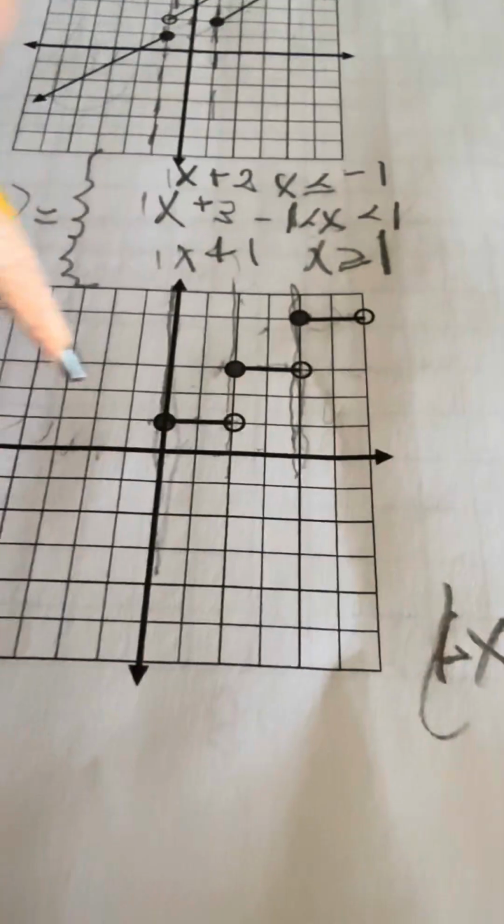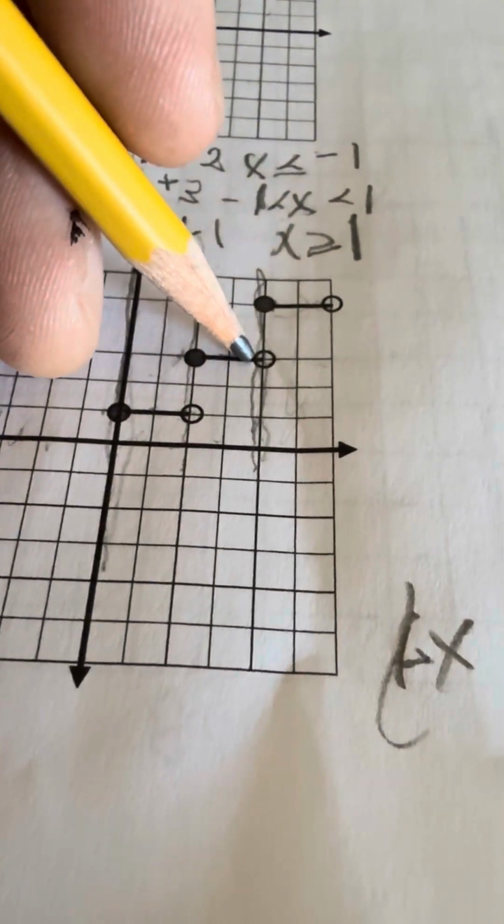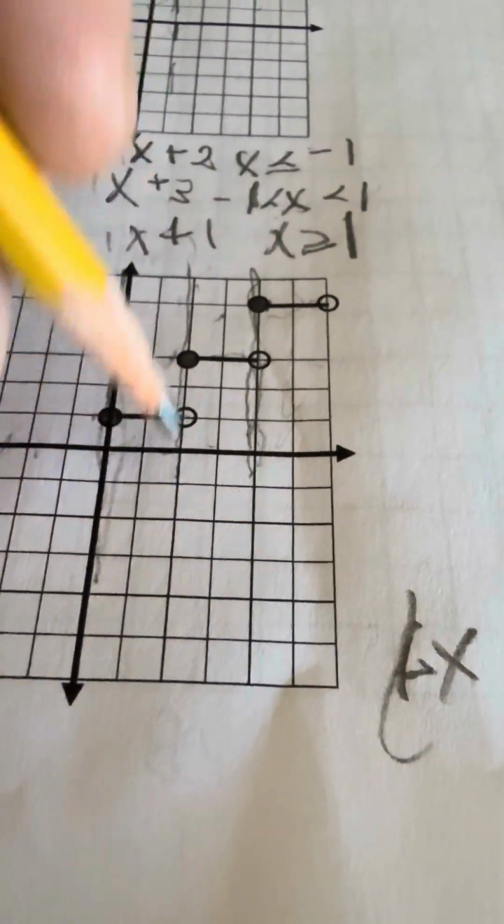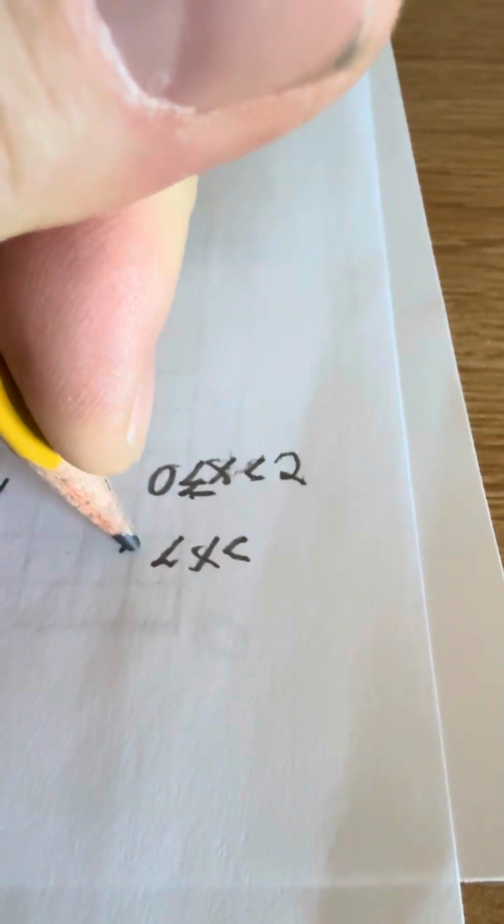Okay. The next piece of the piecewise function is this one here. When we go from x equals 2 to x equals 4, 2 to 4, including the 2.